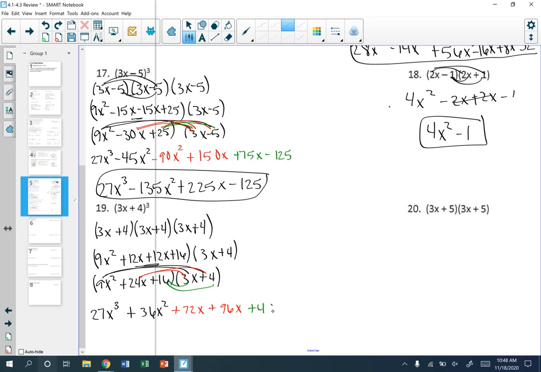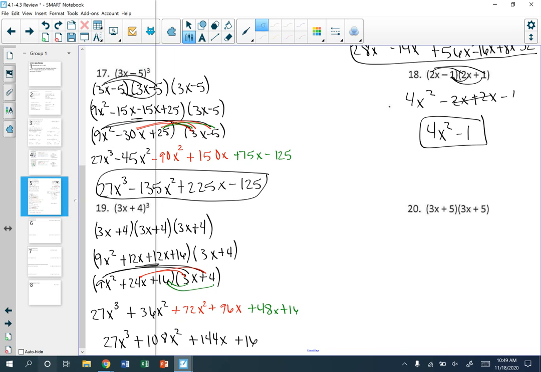Now again, I'm going to combine my like terms. And I'm left with 27x cubed plus 108x squared plus 144x plus 64.